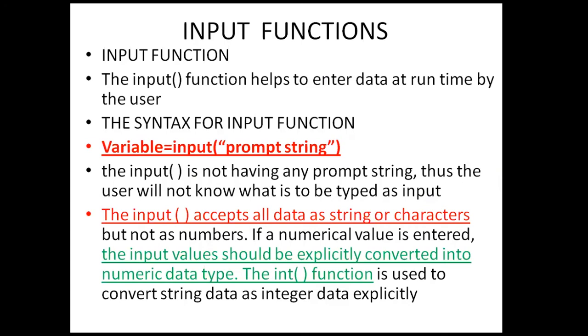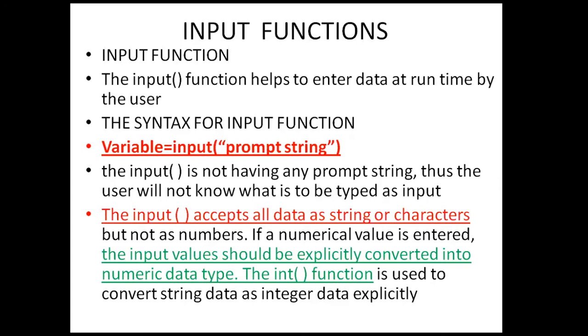Now we'll go to two types of functions: input function and output function. So a program must require input and output operations. Why? Because to interact with the user and to accomplish a task, we require input and output functions in Python.